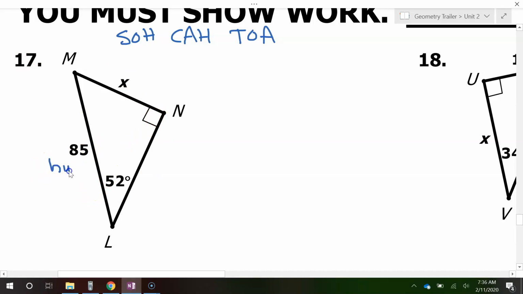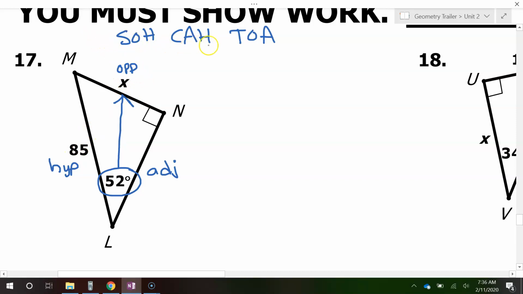So the 85 is the hypotenuse because it's across from the 90-degree angle. Now, circle the angle that you're given, draw an arrow. That will be the opposite side. The other side must be the adjacent side. Which two sides are we actually dealing with? The 85 and the x, that's opposite and hypotenuse.